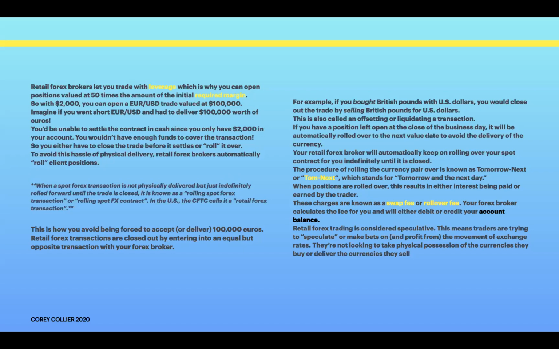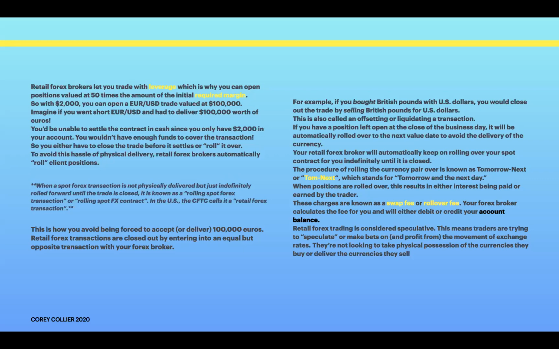But pay attention to these asterisks. When a spot Forex transaction is not physically delivered, but just indefinitely rolled forward until the trade is closed, it is known as a rolling spot Forex transaction or rolling spot FX contract. In the United States, the CFTC calls it a retail Forex transaction, okay?